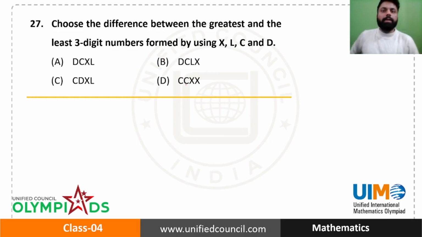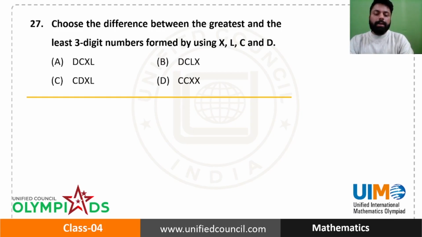Choose the difference between the greatest and the least three-digit number formed by using four of the letters that we are having. So the greatest three-digit and smallest three-digit.